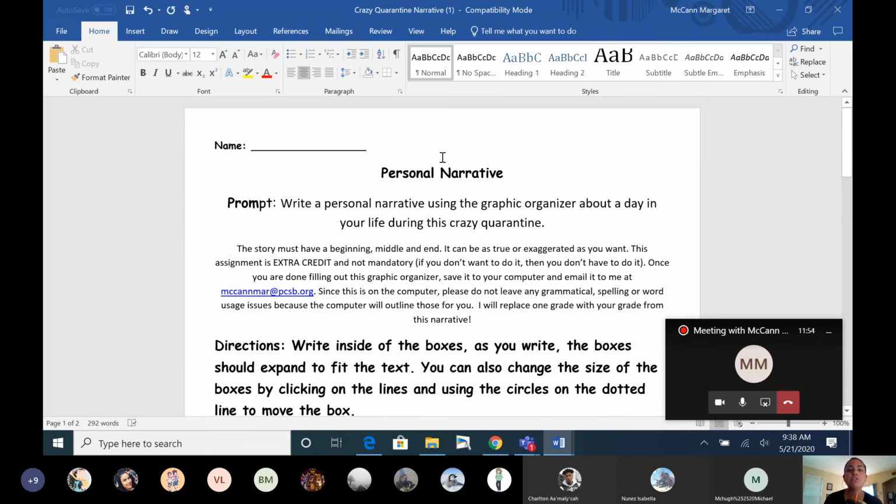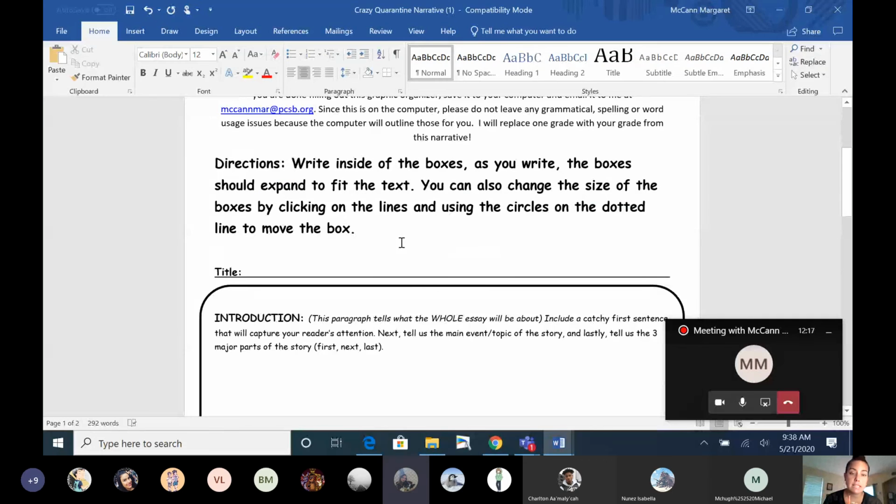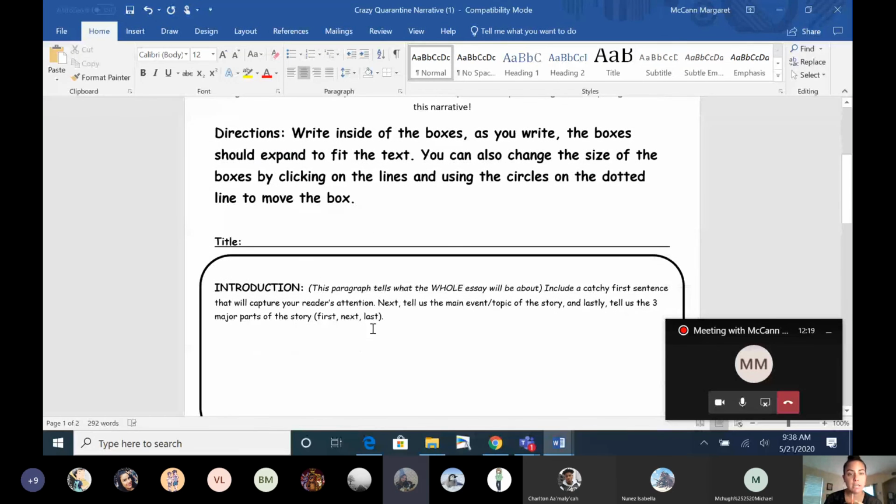Anyways, it's a personal narrative, so it is kind of like an essay, but it's more fun because it's you writing about yourself. So the prompt is to write a personal narrative using the graphic organizer about a day in your life during this crazy quarantine. So if you just want to tell me about something that's happened during quarantine, anything that you think is interesting, this is your chance to tell your story and be creative.